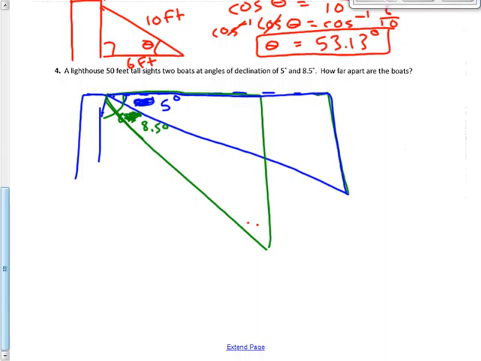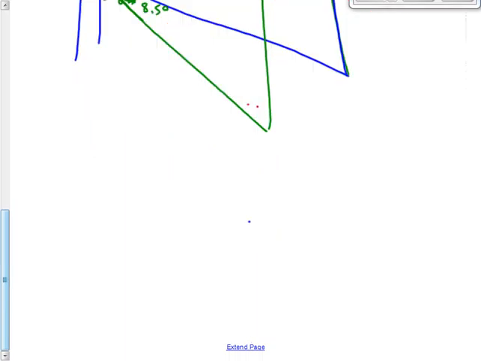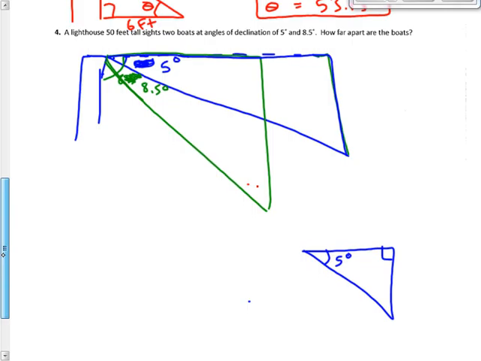So let's take out these 2 triangles and take a little bit better look at them. So I've got the triangle that looks like this, where this angle is 5 degrees. Here's my 90-degree angle. I had some other information about the lighthouse here, and the lighthouse was 50 feet tall.